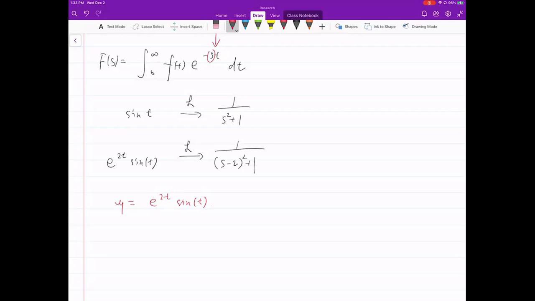Does everything make sense so far? All right. That's how we do it, with damped or without damped. Actually, we do everything in this way. Once we know the property of the Laplace transform of sine and cosine, we can do everything in this way.